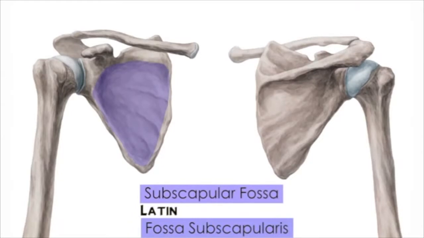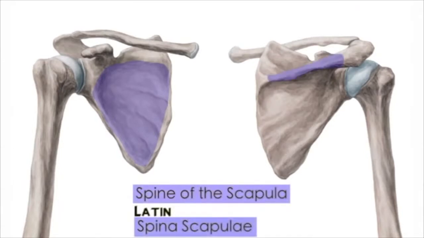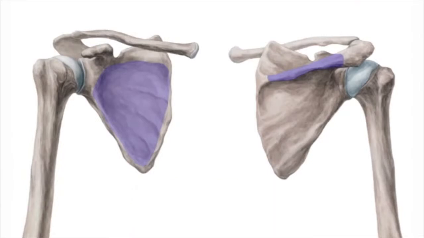Now, if you look to the image on your right, this is the posterior view of the scapula, and here you can also see a few structures that are specific to the posterior side. And the first one is the spine of the scapula, which is also highlighted in blue. And the spine of the scapula is almost like dividing two other important structures that you find on the posterior side of the scapula.